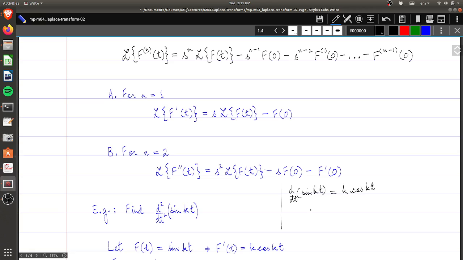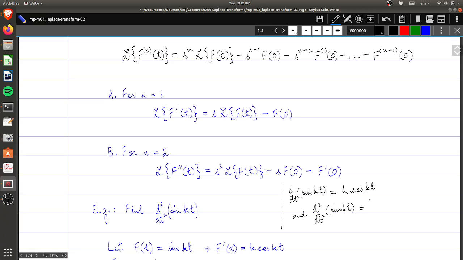And the second derivative, d square by dt square of sine kt, is nothing but differentiating this again. Differentiation of cos is going to give us minus k square sine kt. Okay, so this is the answer. This is what we expect, as per calculus.